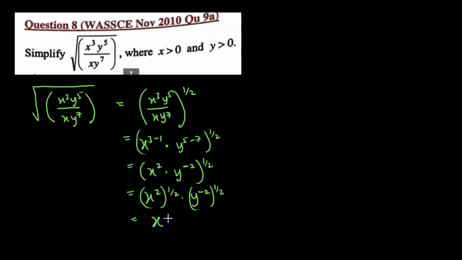So we have x to the power 1 times negative 2 multiplying half will be left with y to the power negative 1. So that is going to be x times 1 over y, which is finally given as x over y. So when you simplify the square root of (x cubed y to the power 5) all divided by (x y to the power 7), you end up getting x over y.